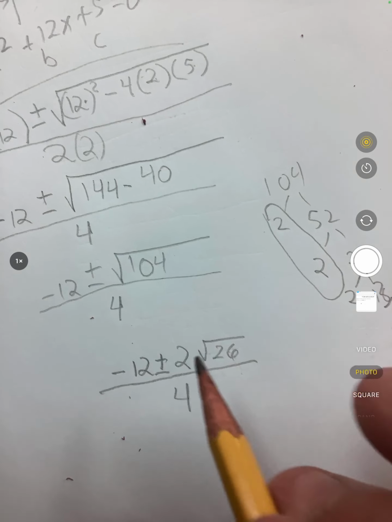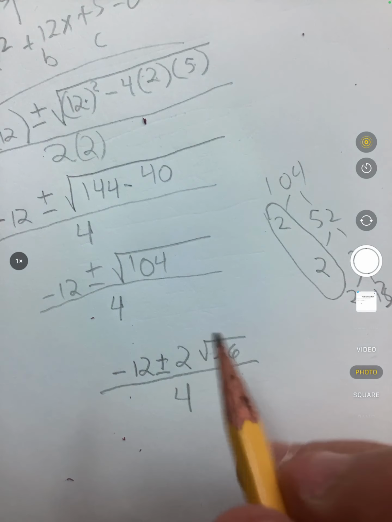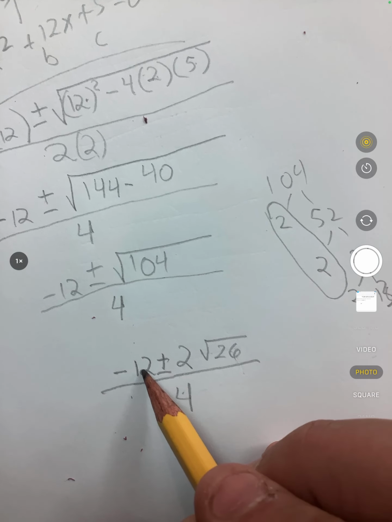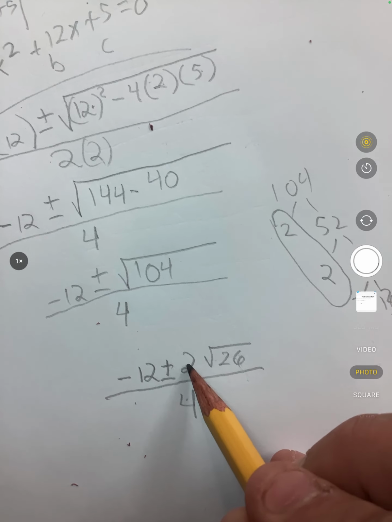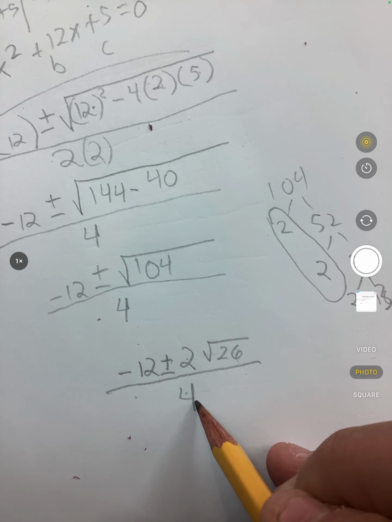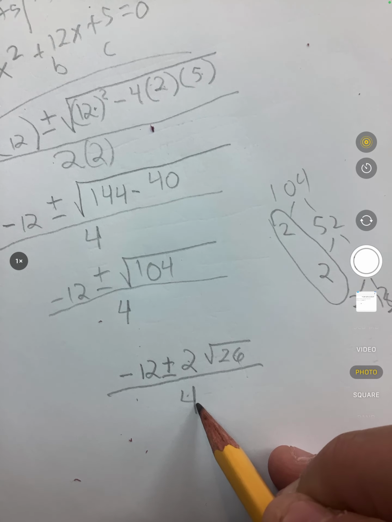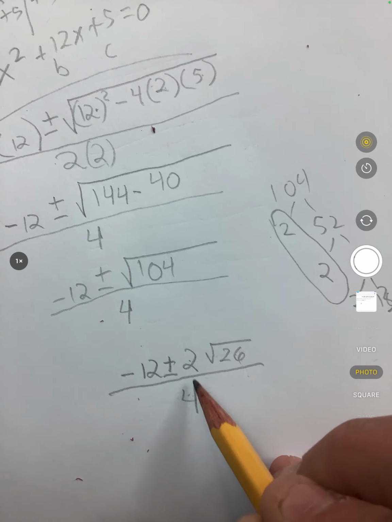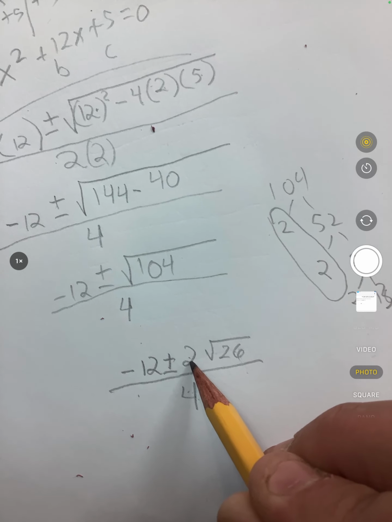Now here's where it gets just a little bit crazy. I can simplify this. Both negative 12 and 2 can reduce with 4. I can only reduce by a factor of 2.